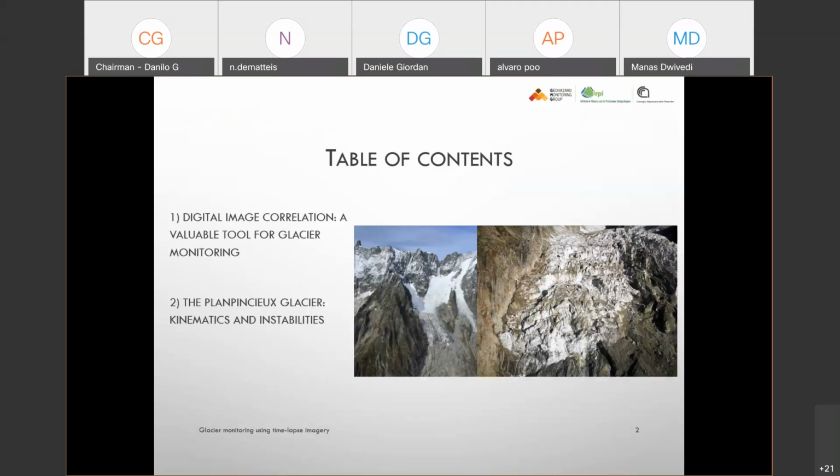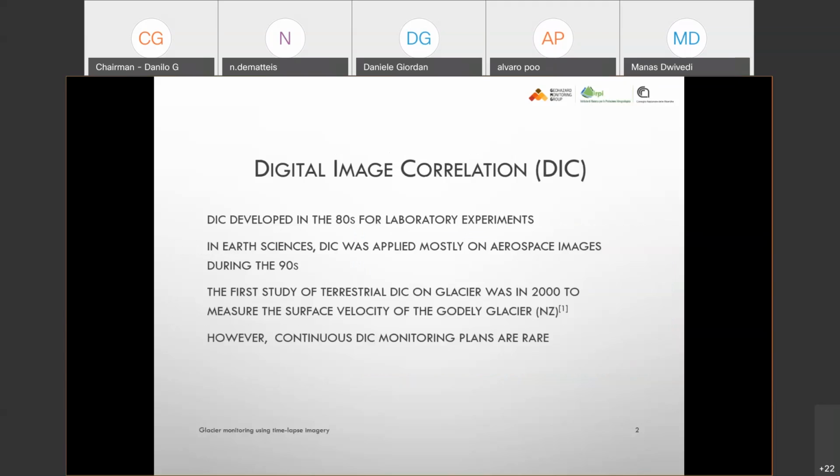Therefore, my presentation is divided into two parts. The first one is more theoretical and describes the technique of digital image correlation. And in the second part, I will describe in detail the results of this monitoring concerning the Planpincieux glacier kinematics and instabilities. What is digital image correlation?